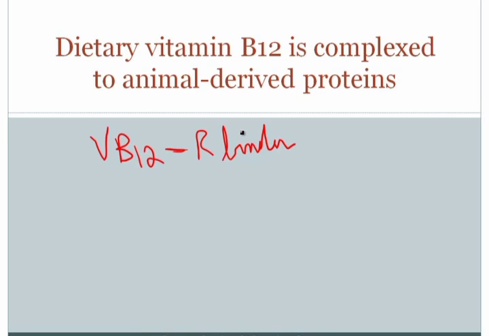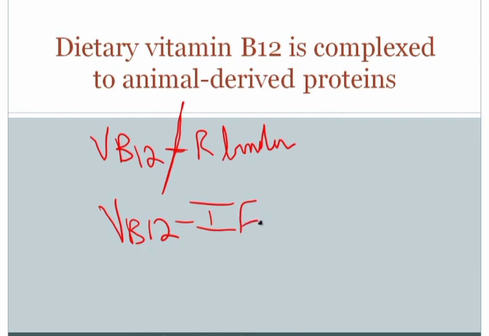R binder and vitamin B12 will then travel through the esophagus and travel through the stomach until eventually they reach the small bowel. When they reach the small bowel, R binder will be cleaved away from vitamin B12, and how is that going to occur? Via the proteases that are produced by the pancreas. Once vitamin B12 is cleaved away from R binder, vitamin B12 will then, in the intestine, bind intrinsic factor.